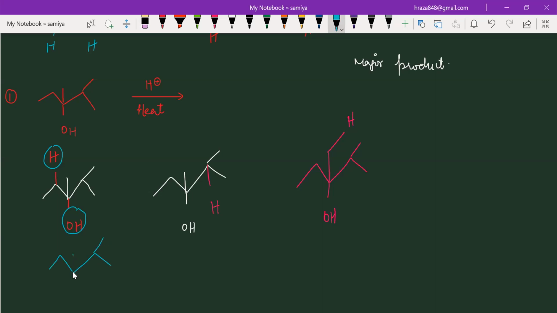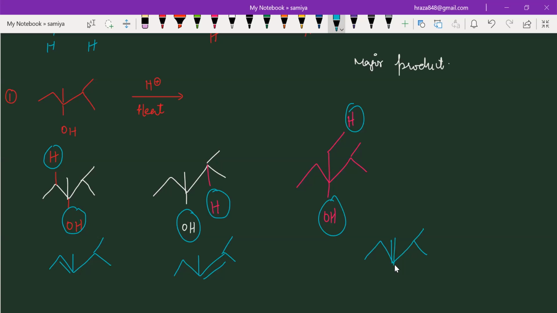The double bond will be here, yes or no? Yes, sir. Now if you remove this hydrogen and OH, the product will basically be like this, double bond will be here. And if you remove hydrogen from here and OH from here, the product will be like this, yes or no? Yes, sir.